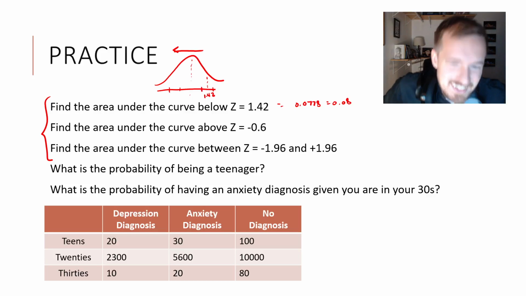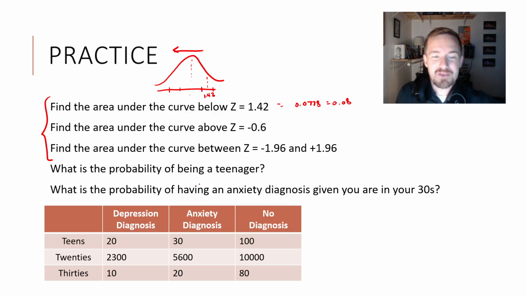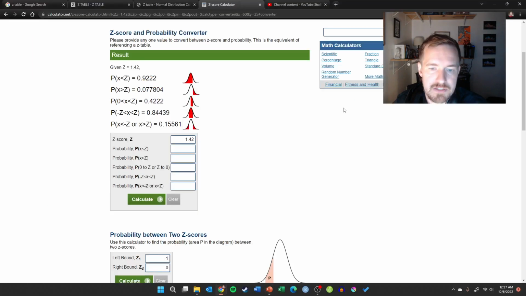Actually, this is why I'm so glad that I just gave that little speech about why it's so necessary to look at these figures like this, because 0.08 is not even close to 50%, and I know that it's going to be more than 50%. So let me double check what I did. I must have done something wrong.